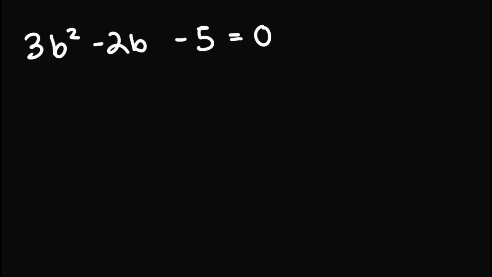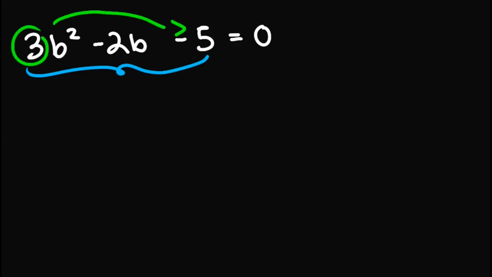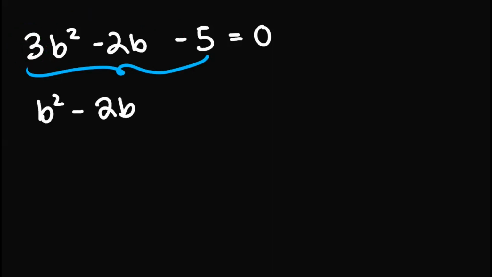So if you don't know this, you may check out my video on factoring quadratic trinomials. So basically, we first slide this variable to the last term. So we'll obtain b squared minus 2b, negative 5 times 3 is negative 15.